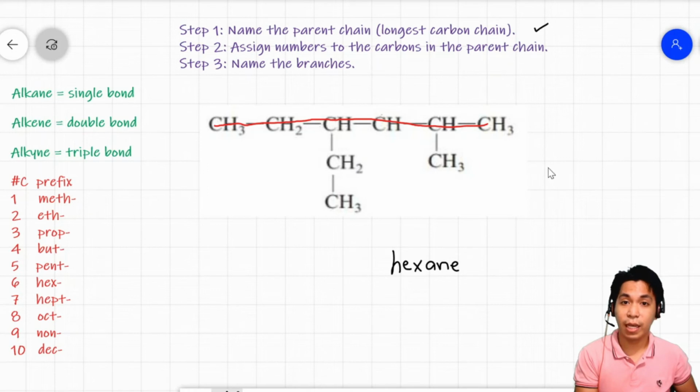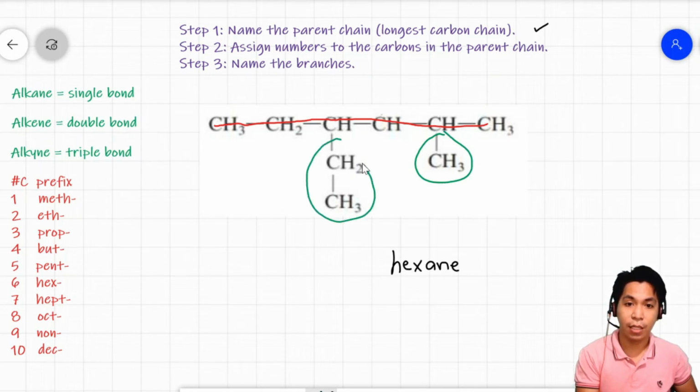The next step is to assign the numbers for the carbons in the parent chain, but decide whether to start on the left or on the right, depending on where the nearest branch is located. The nearest branch between these two branches, let me just encircle the branches that we have. We have a branch here, and we also have a branch here. Now, which branch is near to which side?